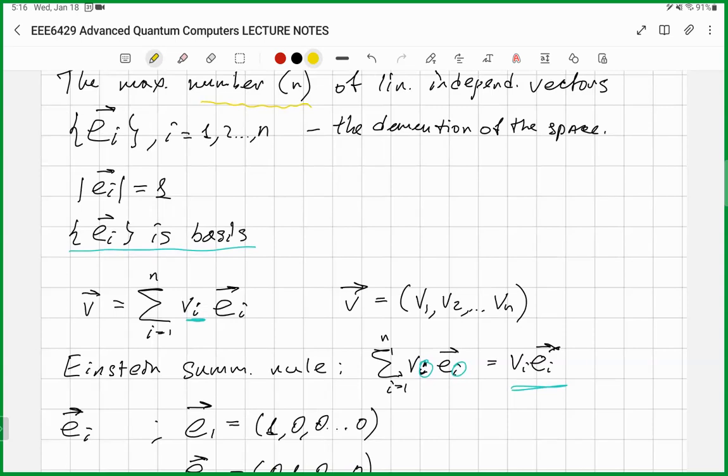And in fact, in quantum mechanics, we will see this today. People work with Hilbert space, which is initially of infinite dimension.